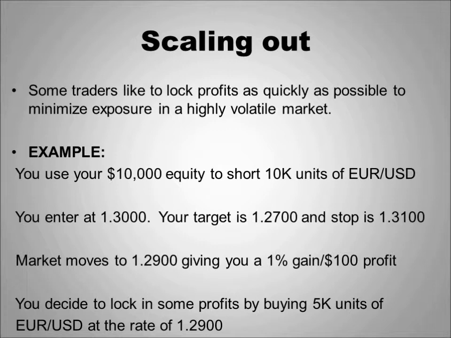Our target is $1.27, and we place our stop loss at 1.31. However, the market moves down to 1.29, which means we gain 1% or $100 profit. So we decided to lock in some of those profits by buying back 5,000 euros in that pair at the rate of $1.29.